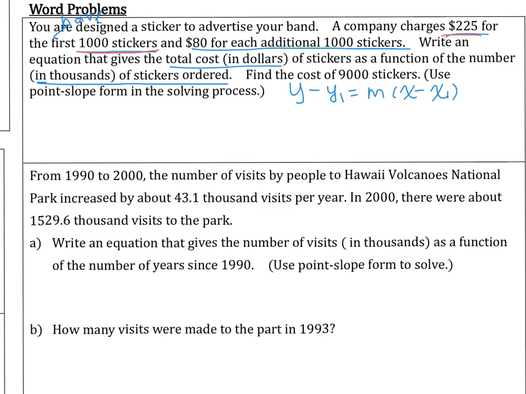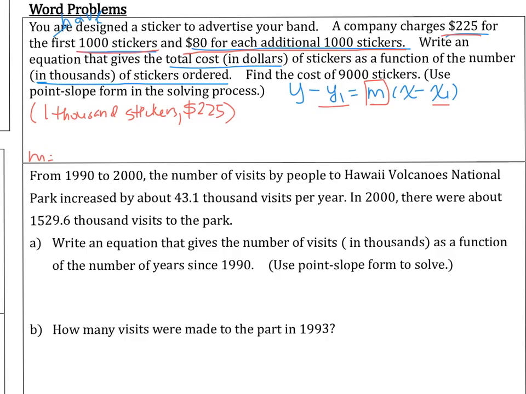Now let me first write the point-slope form. Y minus y1 equals m times x minus x1. Now the word problem has given us many pieces of information in which we can match parts of the point-slope form. First of all, it has given us $225 for the first 1,000 stickers. We have been given the point 1,000 stickers. Now the reason why I'm using the word 1,000 is because I don't want to work with so many zeros. And 225. That's our first point. And then it says $80 for each additional 1,000 stickers. So that's our slope.